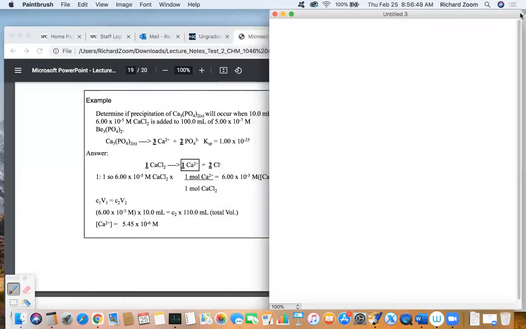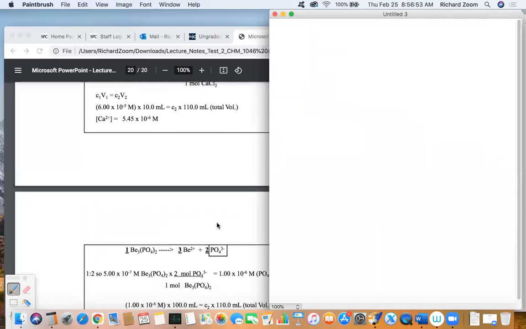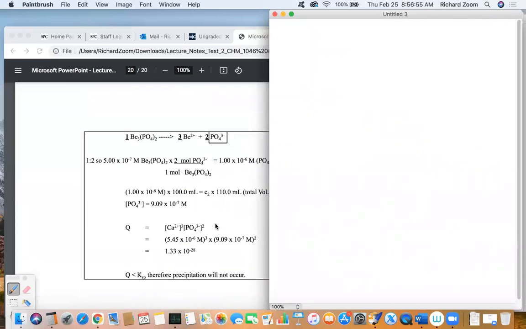And what we're looking at here, and I'll bring this onto the next page, is we're now going to focus on the Be3(PO4)2. So remember, we've got 100 mL of this, Be3(PO4)2 in solution.